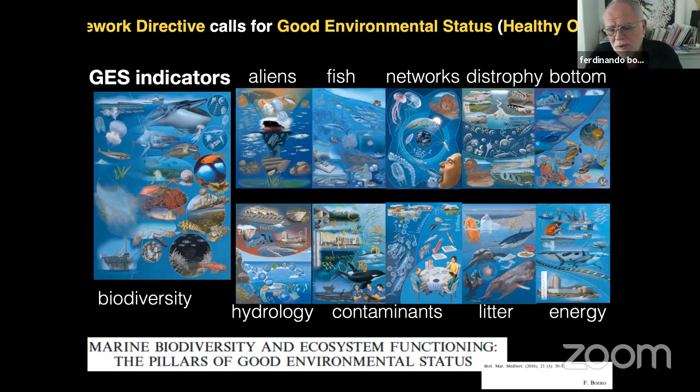The other descriptors take into account impacts from non-indigenous species to fish to food webs, eutrophication, the sea bottom integrity, and so on. And these descriptors require that the ecosystems still function properly. So biodiversity and ecosystem functioning are the pillars of good environmental status. This is very far from what we can do.